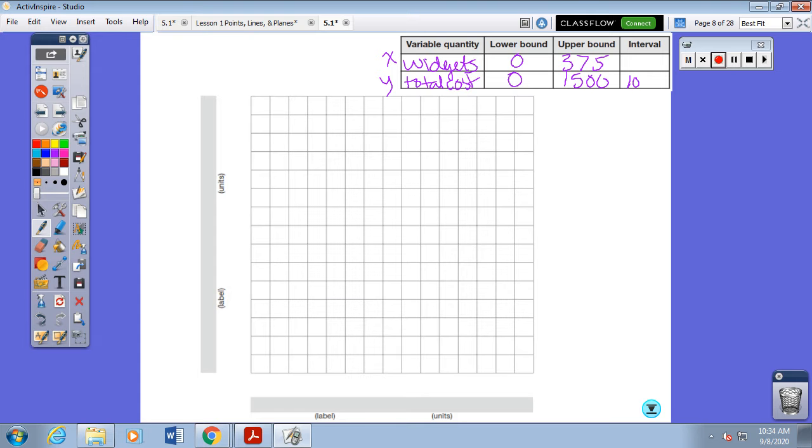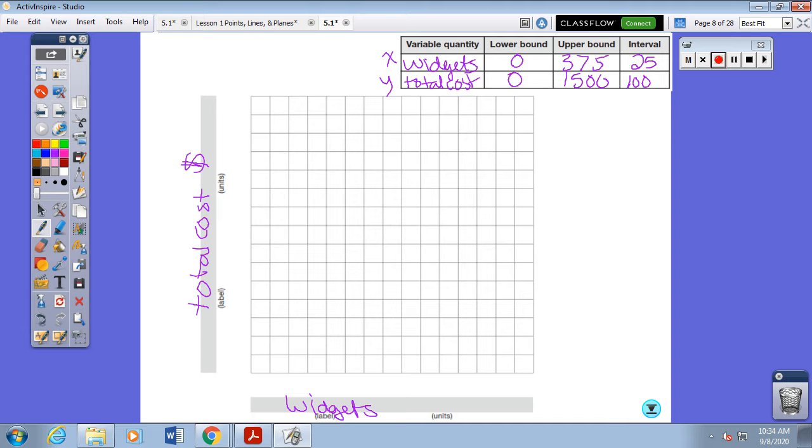So we're going to go by hundreds here and 25s here. Okay, so across the bottom is our widgets ordered, and over here's our total cost in dollars.